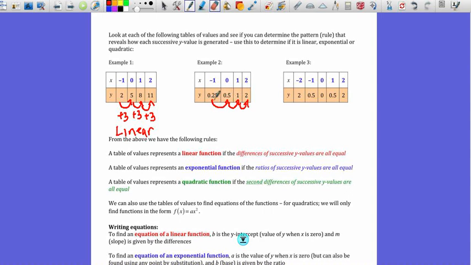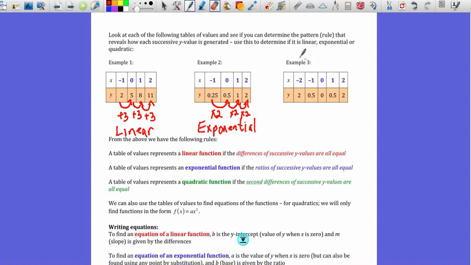And what we can see is that 1/2 is twice as big as 1/4, 1 is twice as big as 1/2, and 2 is twice as big as 1. And so when we multiply each successive term by a fixed value or base, then that should reveal for us that this is in fact an exponential function.